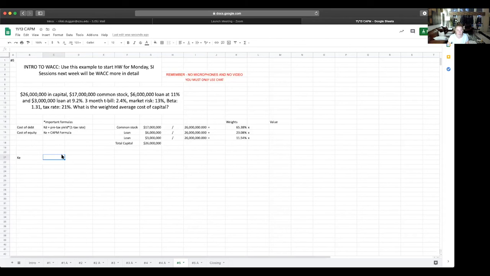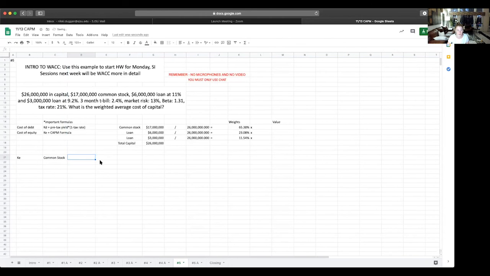So for KE, it's going to be your common stock. To find the value, you're just going to use CAPM, and you have all the given numbers. So for CAPM, it's going to be 2.4% plus your beta of 1.31 multiplied by 13% minus 2.4%.